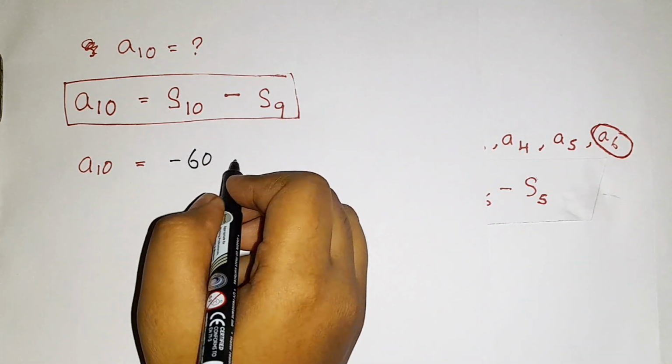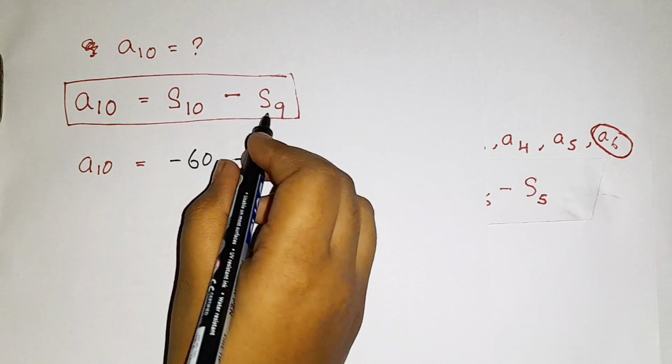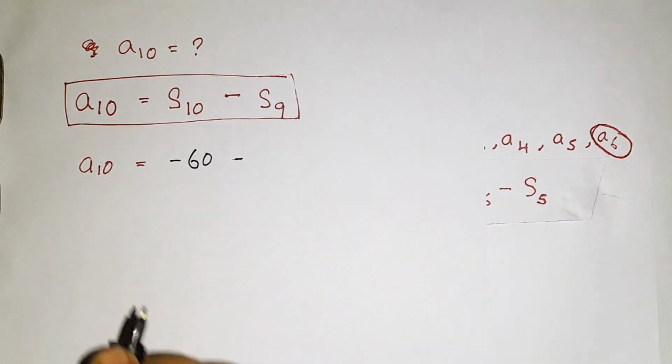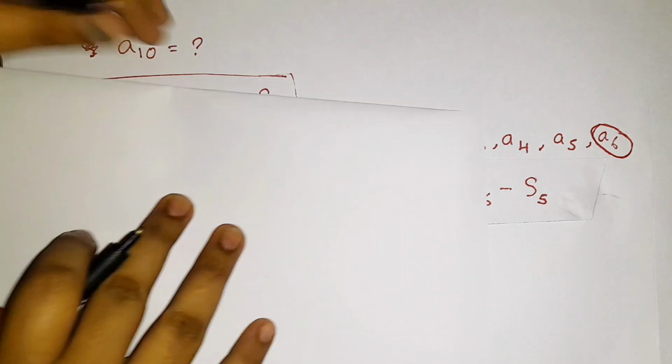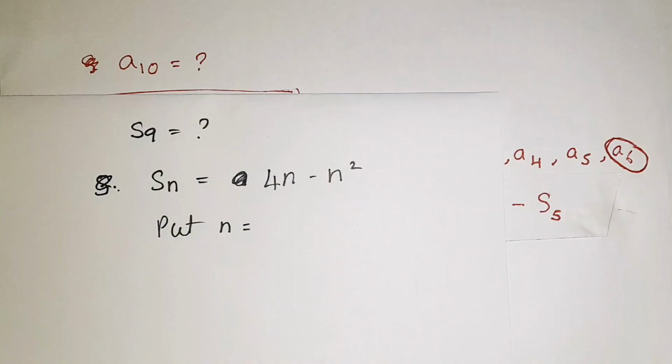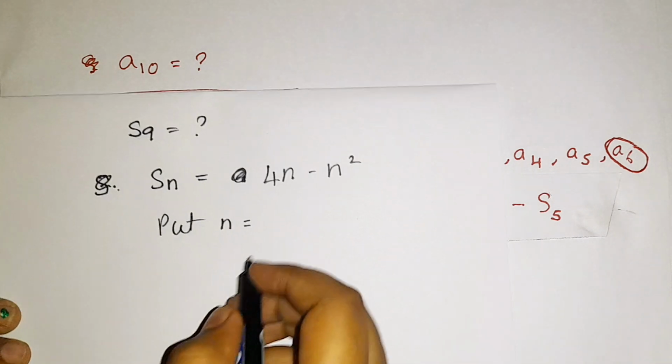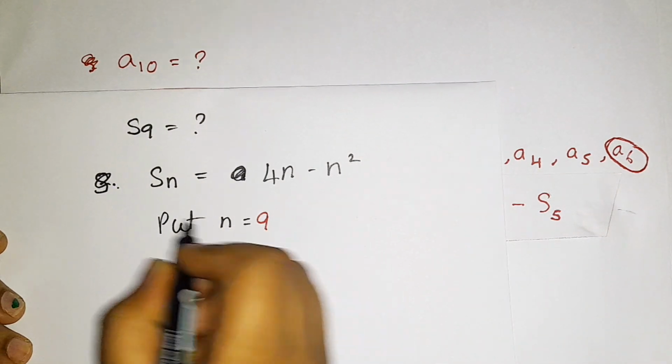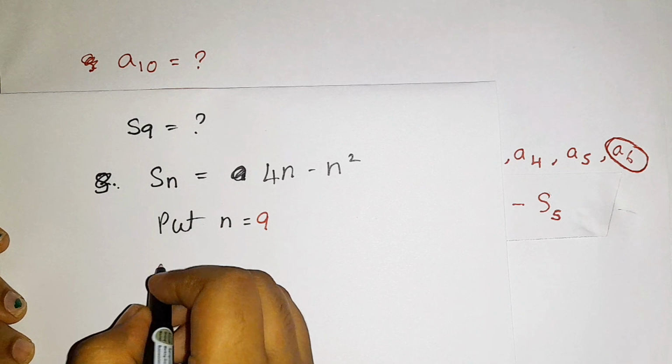Recently we just found it, and then write this minus as it is, and we are supposed to find S9. So how to find the S9? We are going to use the same thing. So now I am going to put n is equal to 9. Why? Because we are supposed to find S9, right?